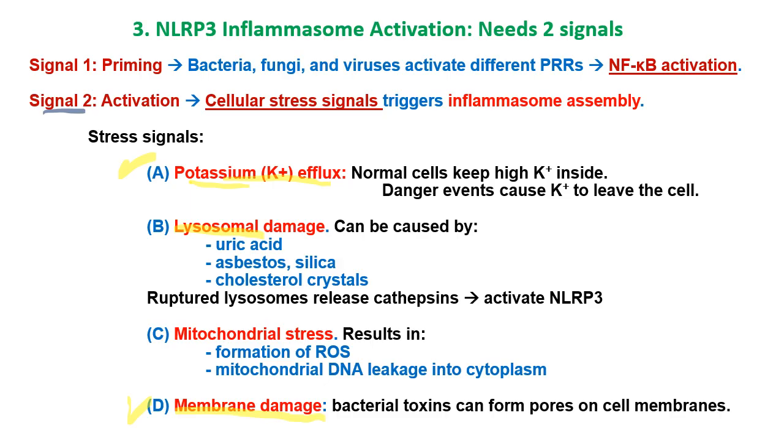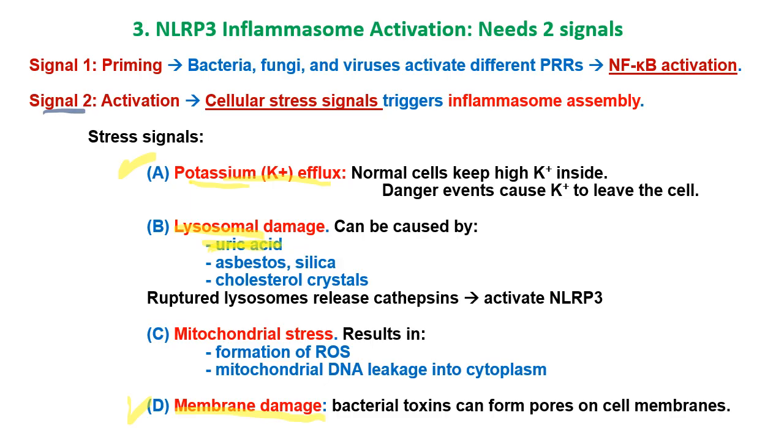Remember, lysosomes have those enzymes, right? It's the stomach of the cell, right? Now, what can cause lysosomal damage? One thing is a DAMP, that is uric acid. That's the thing that causes gout, right? And NLRP3 inflammasome is the mechanism of gout, okay?